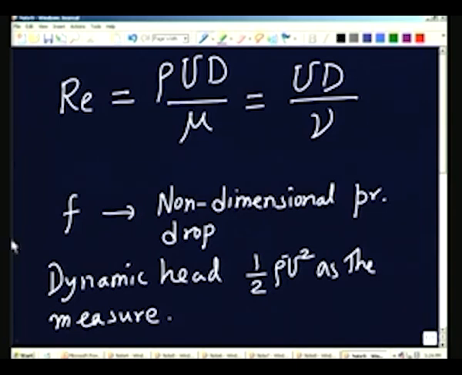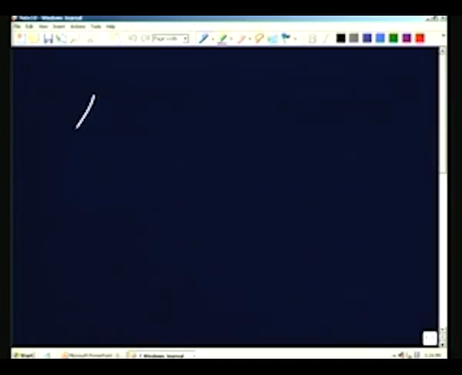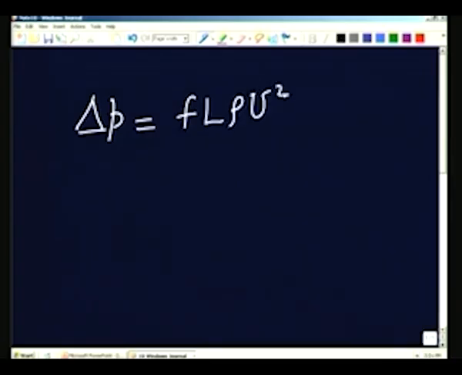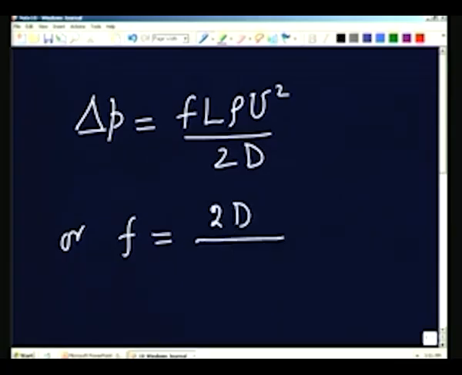So, with this basic idea, I will say that delta P is equal to f L rho u squared divided by 2d, or I can write the friction factor as f is equal to 2d by L rho u squared into delta P.